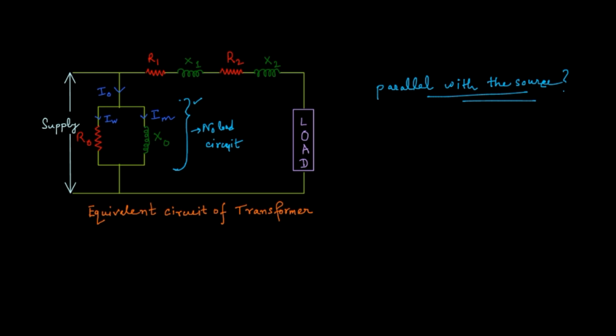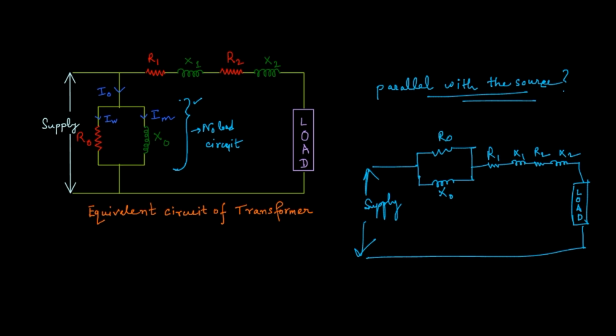We never draw the no-load equivalent circuit like this, with the no-load circuit in series, because it is not correct. The main confusion among students is why this is in parallel.